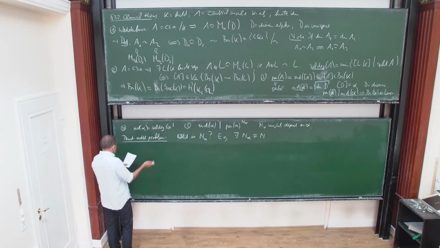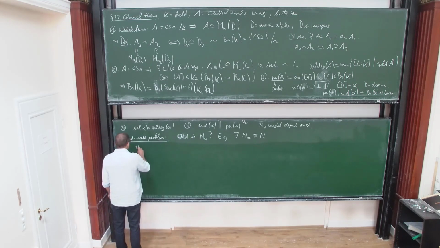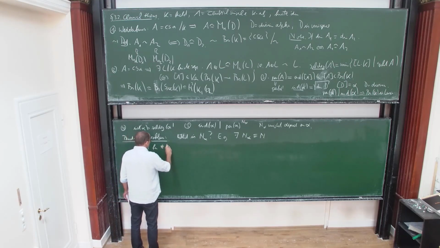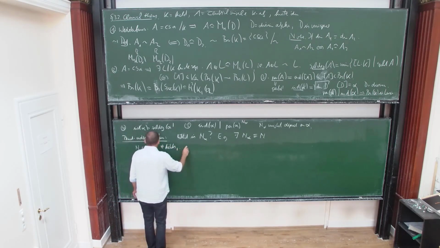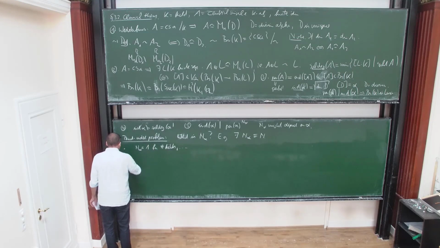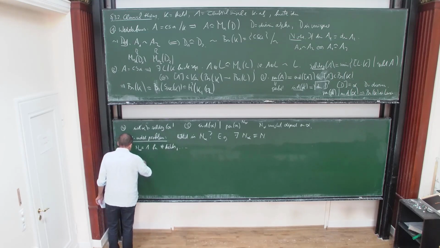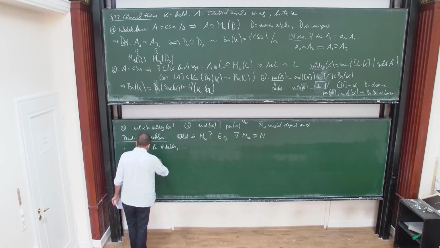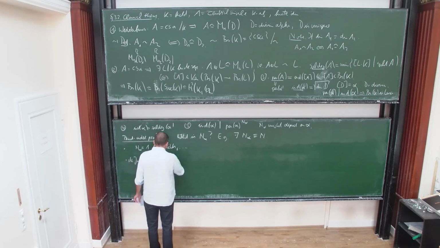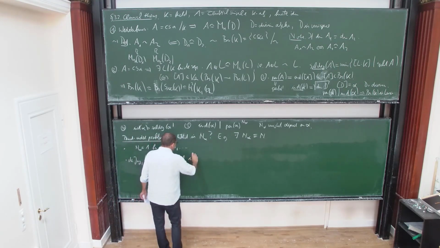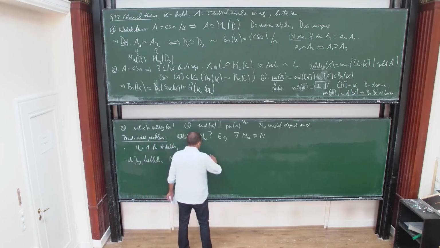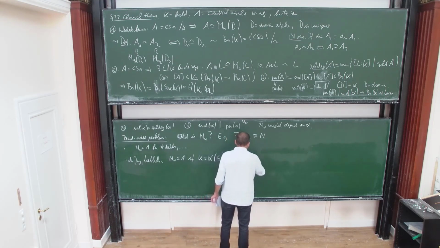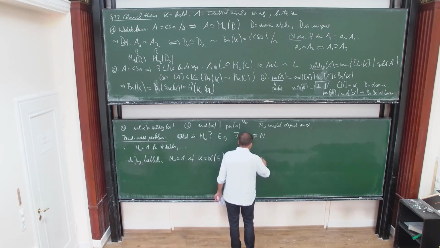And the answer is yes for certain fields. So n of alpha is 1 for number fields and some other nice fields. And de Jong in characteristic 0, and then Lieblich in positive characteristic, show that n of alpha is 1 if K is the function field of a surface over an algebraically closed field.